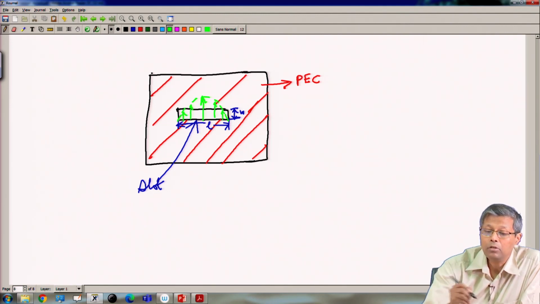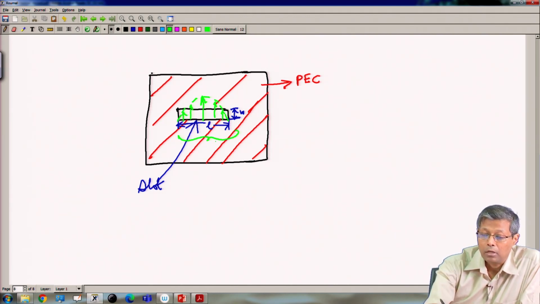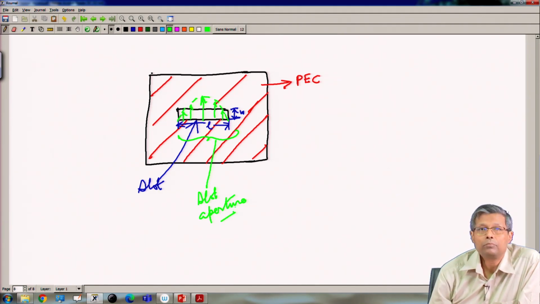It is 0 on the two sides of the slot. So, this part is also called the slot aperture. So, this is the configuration of the slot.